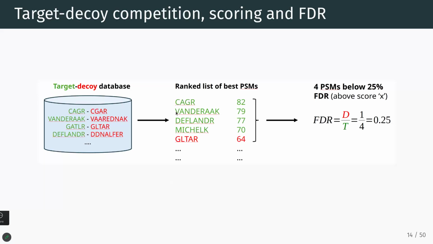And for another MS2 spectrum, the best candidate peptide is Van der Eyck, and so on. When you sort these PSMs by score, you get an idea of the false discovery rate. So you have one decoy for 5 peptides with 4 targets, and the estimation of the false discovery rate for a score above 64, or about 63, would be D over T, so 1/4.